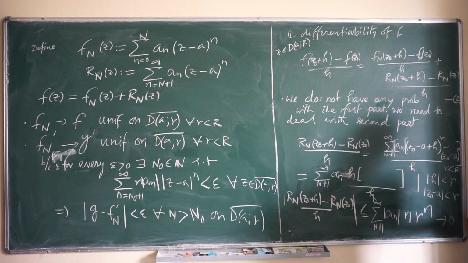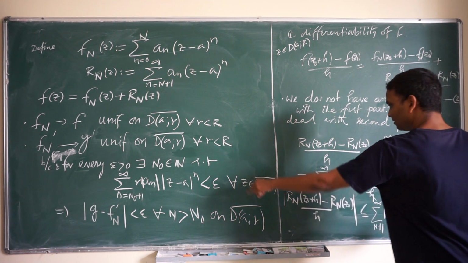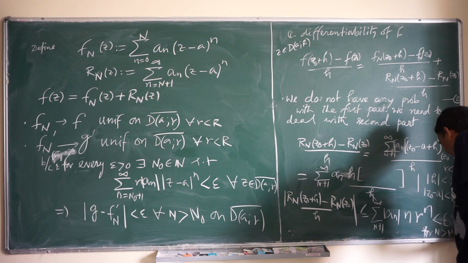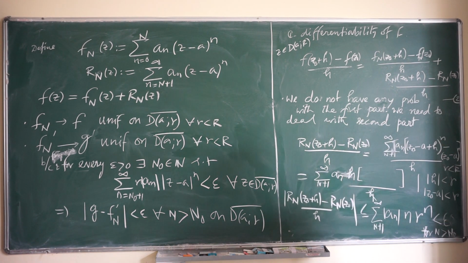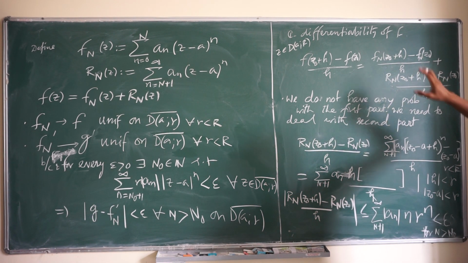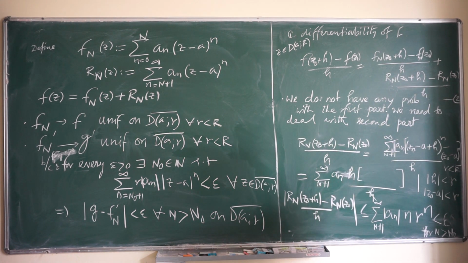Well, this actually will be less than epsilon from here for n bigger than n naught. Alright? So this is less than epsilon. So this part actually has no problem to deal with. It is less than epsilon, goes to 0. Alright?